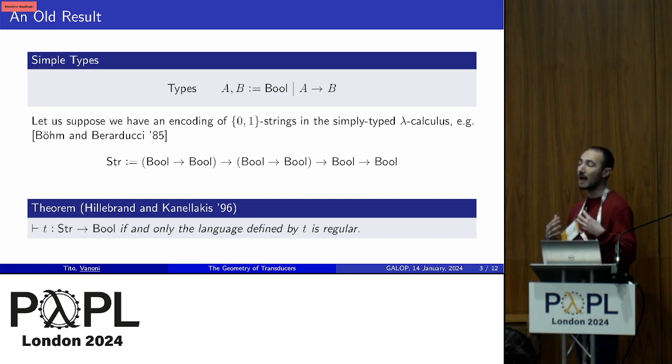So we have a way to obtain, again, the class of regular languages also out of the simply typed lambda calculus, which is a very canonical notion of computation. This result was actually overlooked in the literature, and I think very few people knew about this, at least before all the works by Tito.